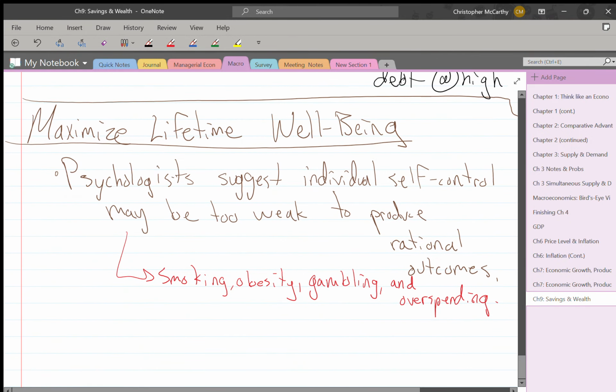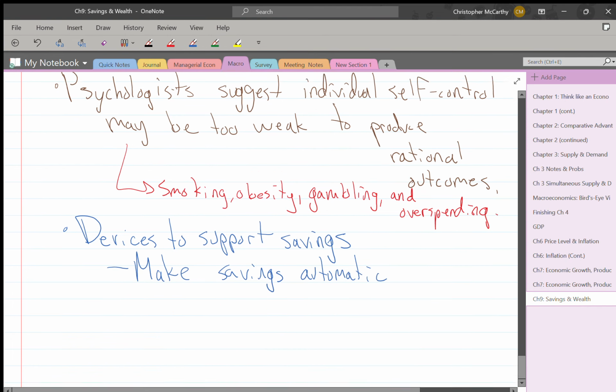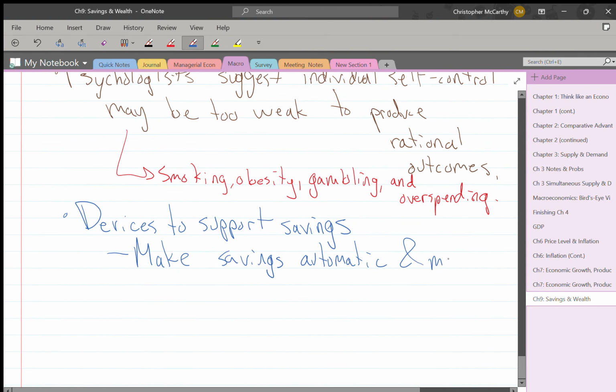So as a result, there have been a lot of devices to support savings. So we want to make savings automatic and make withdrawals costly.